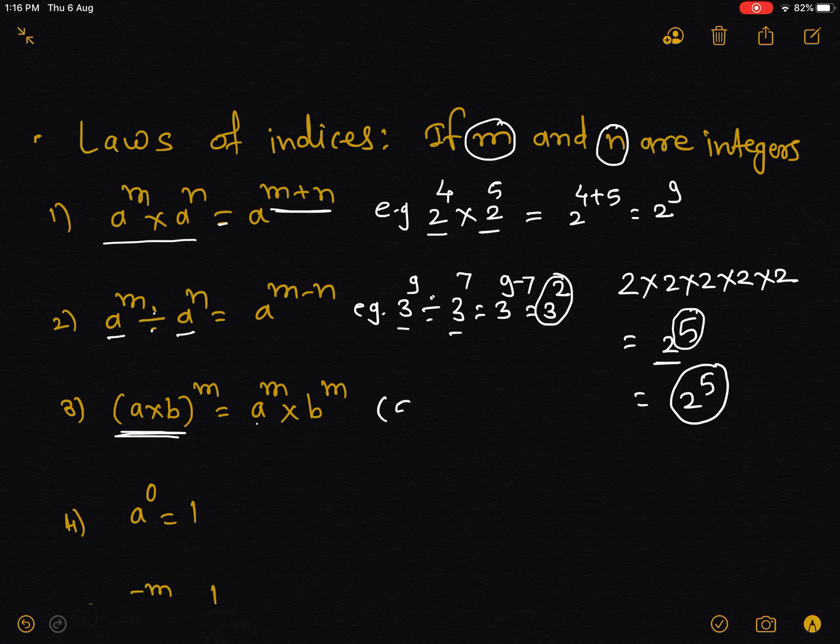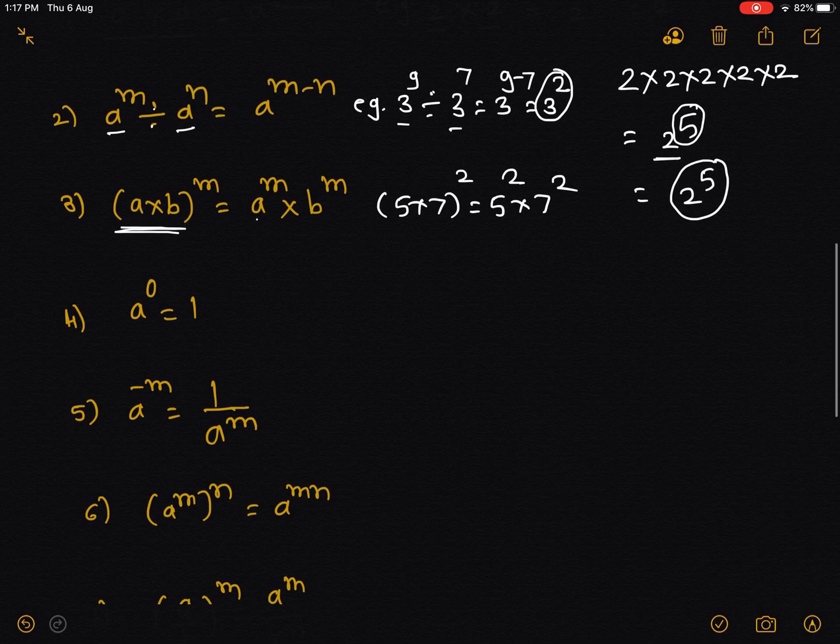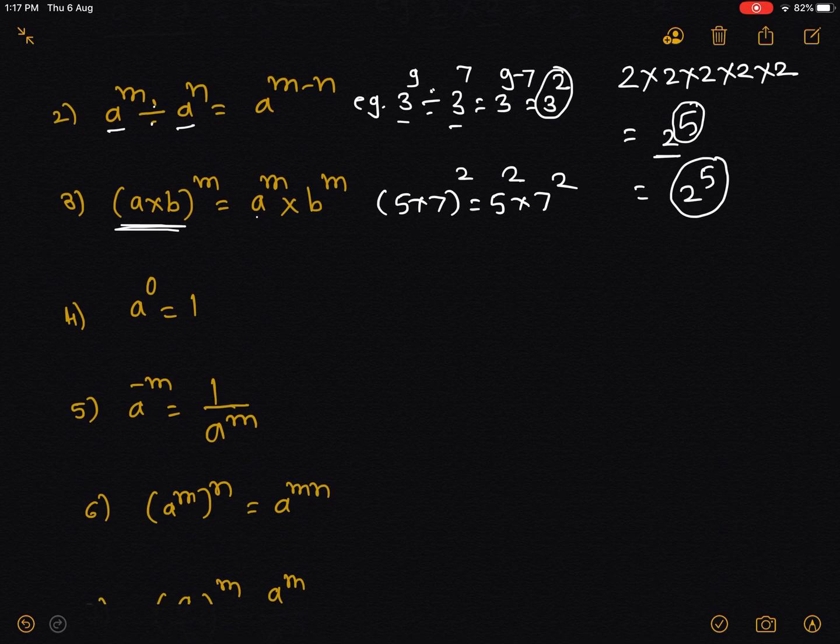See the example, we get 5 into 7 raised to 2. From this law we get 5 raised to 2 into 7 raised to 2. Then the fourth law, a raised to 0 equals 1, that is any number raised to 0 is equal to 1. See the example, 124 raised to 0, its value is 1.